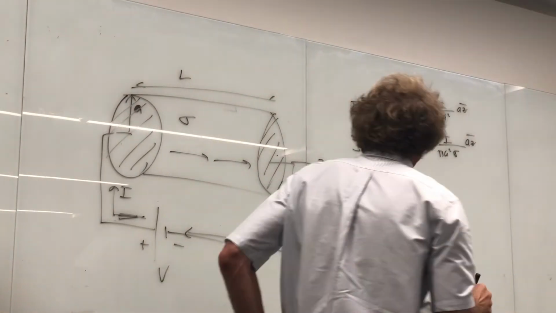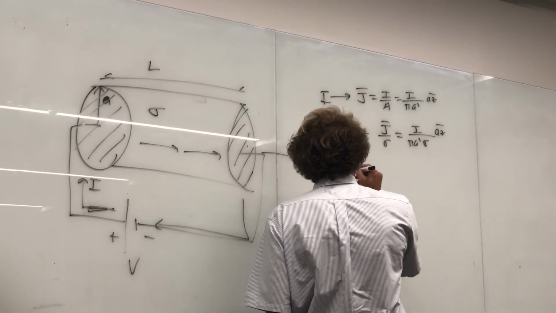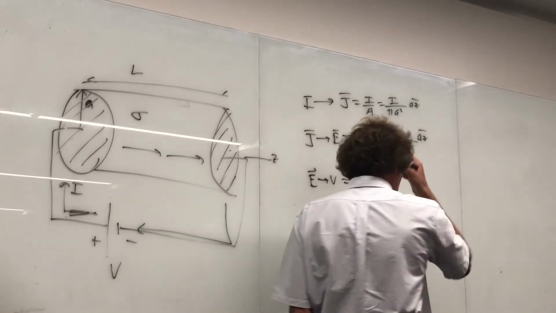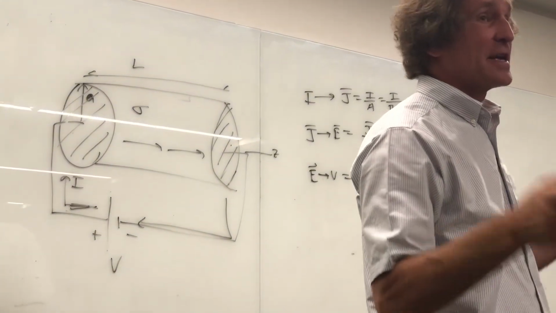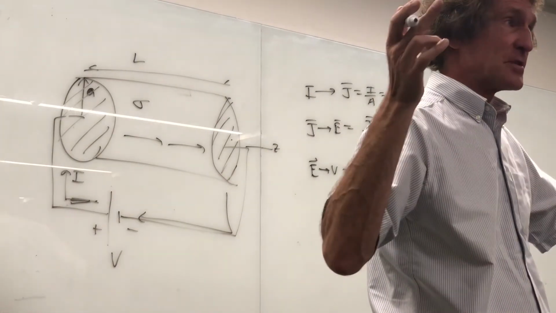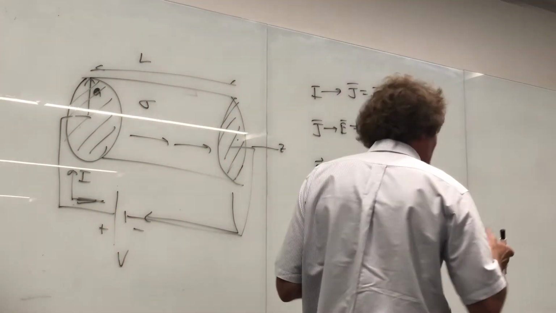Now once I have E, I can get V. From E, I get V by taking the integral. And the nice thing about this, you don't need to worry about the sign, because the voltage we're going to get is a magnitude. It's a voltage difference between the two plates. You don't care about the sign, because the resistance we get is always positive.